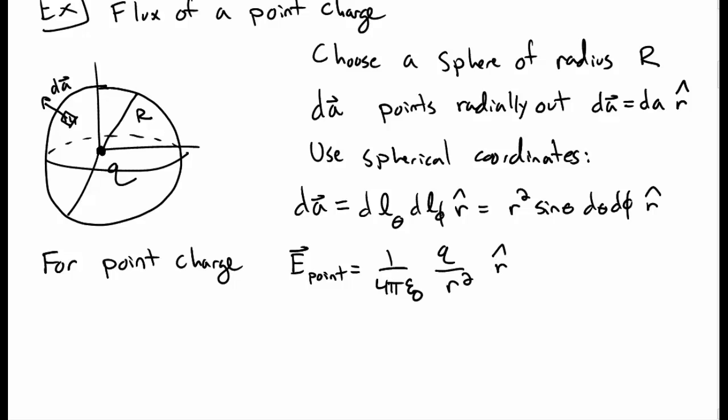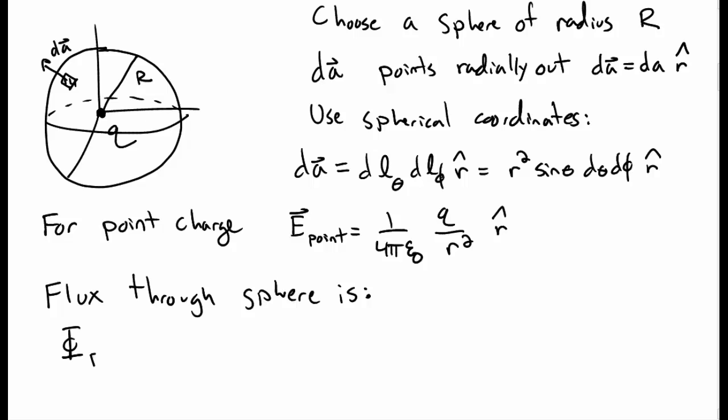So now we can calculate the flux of the electric field through this surface. The flux through this sphere of radius r, let's call that phi sub E, is equal to the closed surface integral over the sphere of E dot dA.